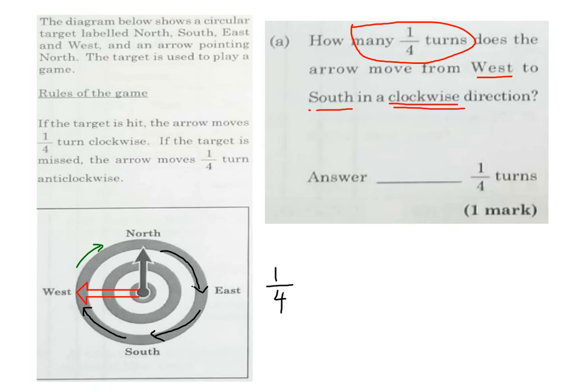So this is what I'm saying. You're going to count how many of these we're going to make, right? So this is 1 quarter turn. Quarter turn equal to 1. If I go from north to east now, how many quarter turns did I make? Isn't that just another quarter turn?